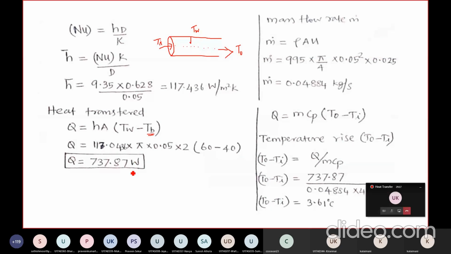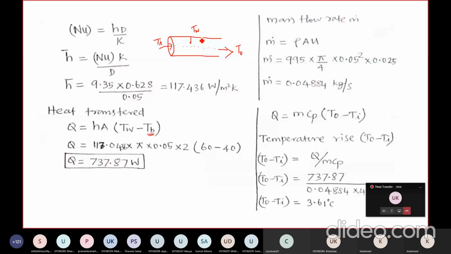Once you know the convective heat transfer coefficient and the heat transfer, one more relation is Q is equal to m Cp into (T naught minus Ti). This heat is transferred from the pipe surface to the fluid, which is convection heat transfer. The heat energy added to the fluid is calculated from Q is equal to m Cp (T naught minus Ti), where T naught is the outlet temperature of the fluid and Ti is the inlet temperature.